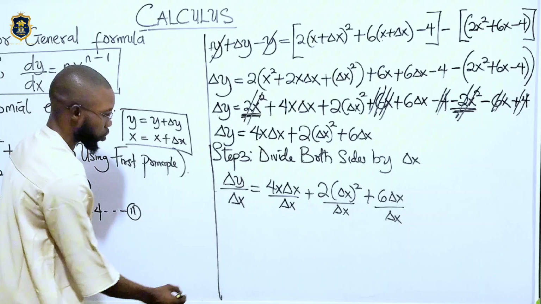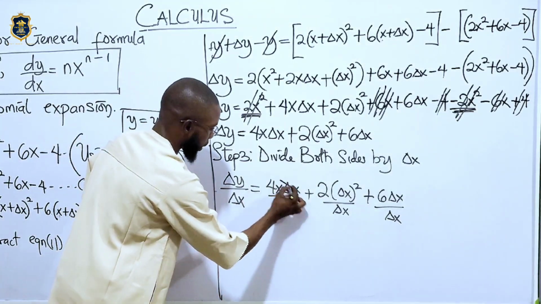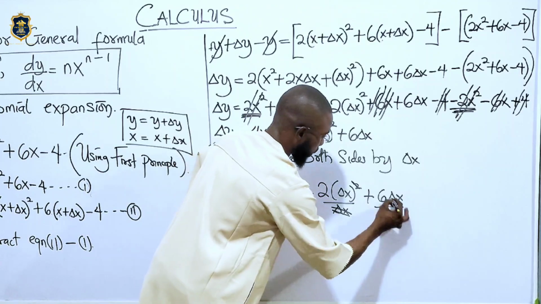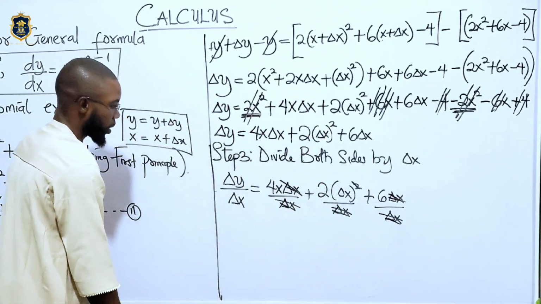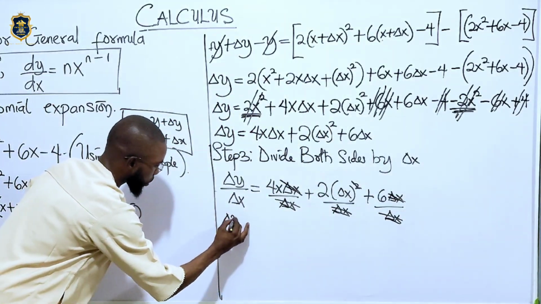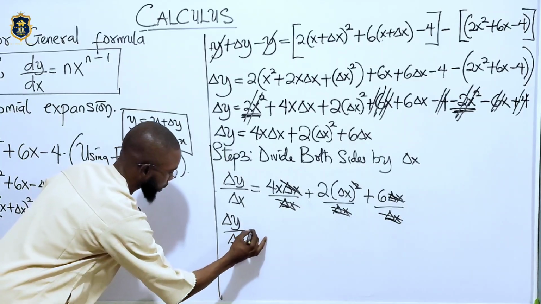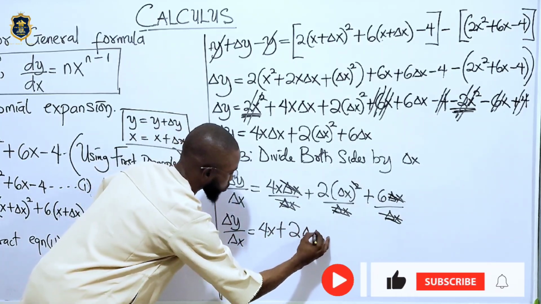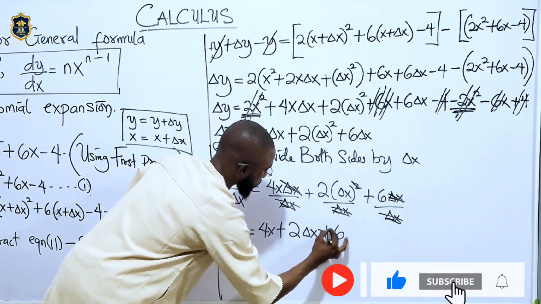Again, cancelling. Change in x takes out change in x, change in x will take 1 from here, and change in x takes out change in x. Our leftover is change in y over change in x equal to 4x plus 2 change in x plus 6.